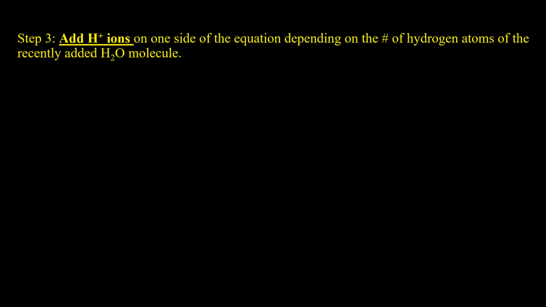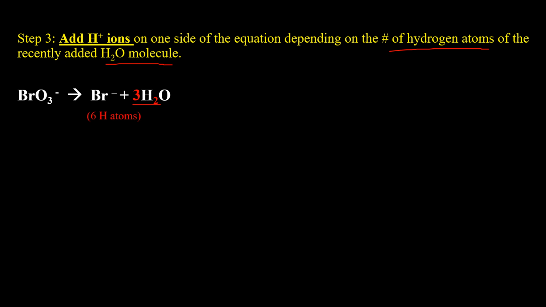The next step is to add H ions on one side of the equation depending on the number of hydrogen atoms of the recently added water molecule on step 2. Okay, so the equation a while back is BrO3 negative yields Br negative plus 3H2O. So we need to count the number of hydrogen atoms on this side.